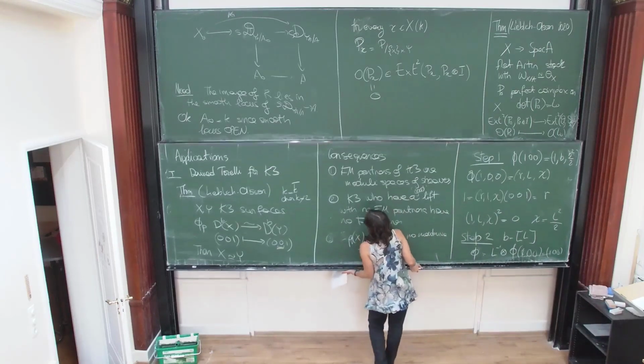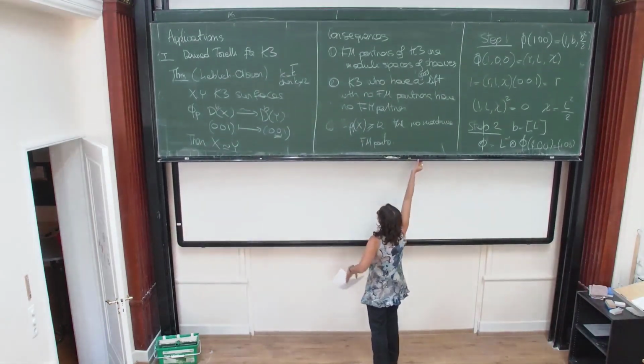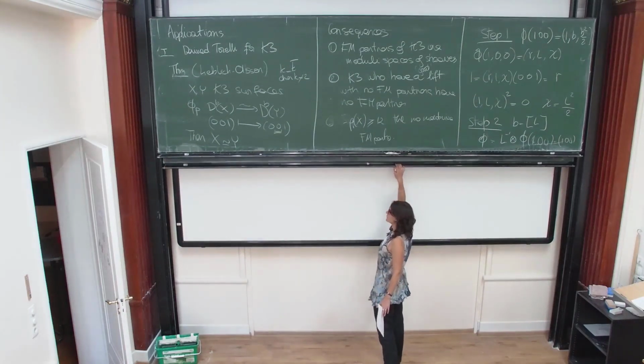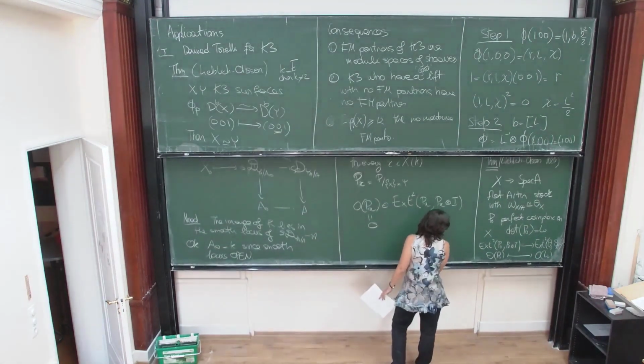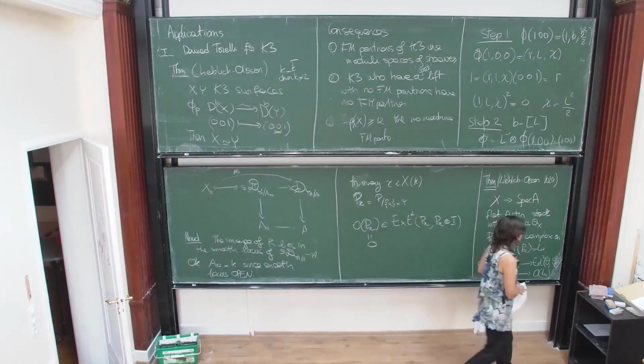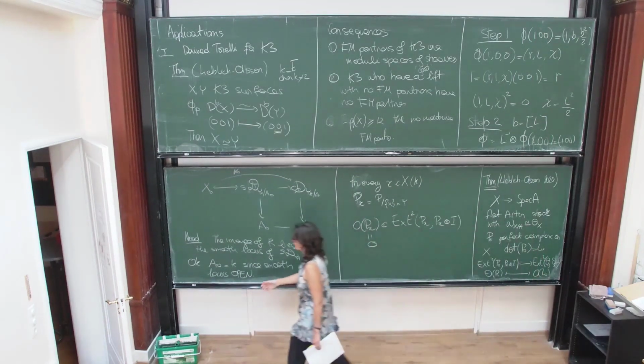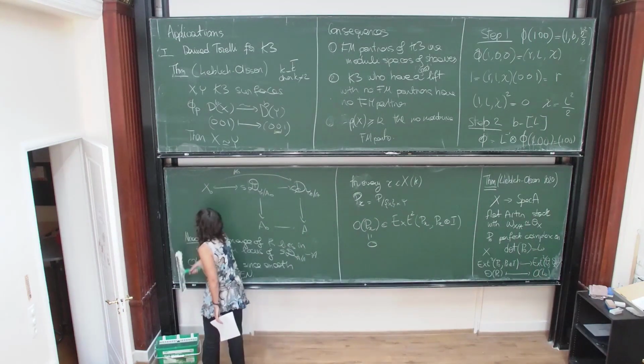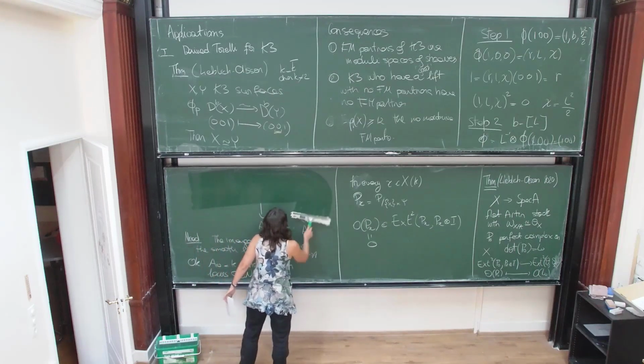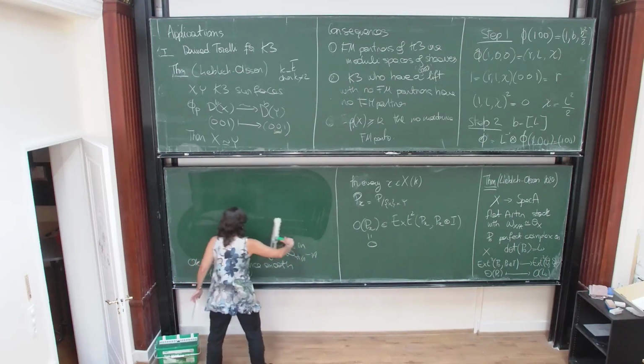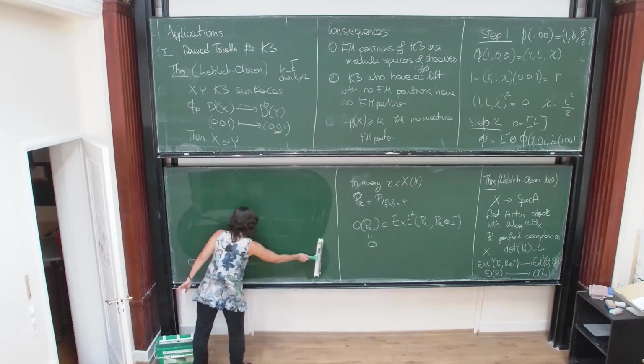Okay, so if there are derived equivalences, you can assume that (0,0,1) goes into (0,0,1), and (1,0,0) goes to (1,0,0).